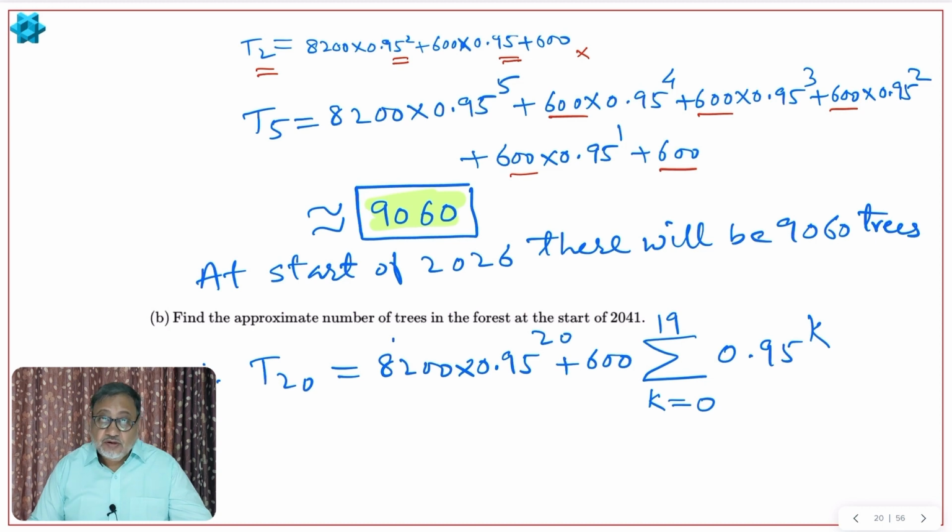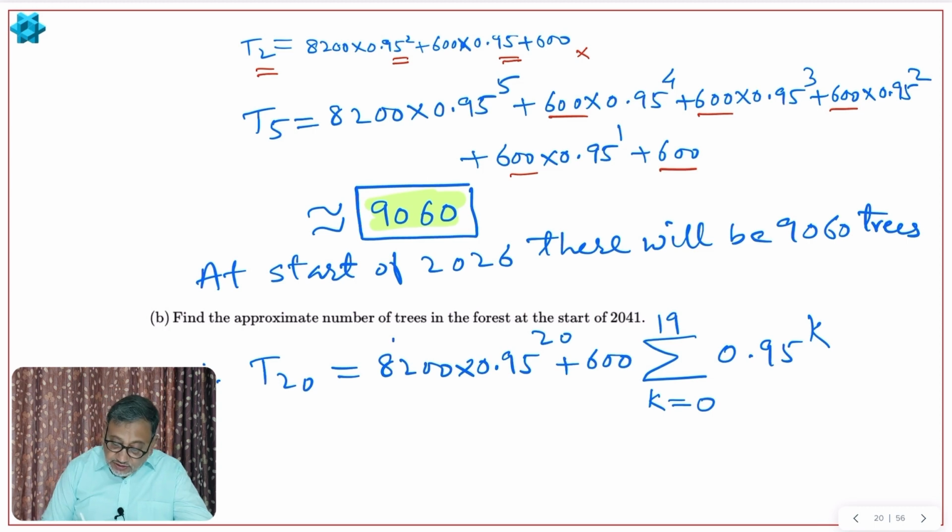I have to write it. Of course, I cannot use k in Casio, I cannot use any other letter. And then limit values will be from x0 to x19.